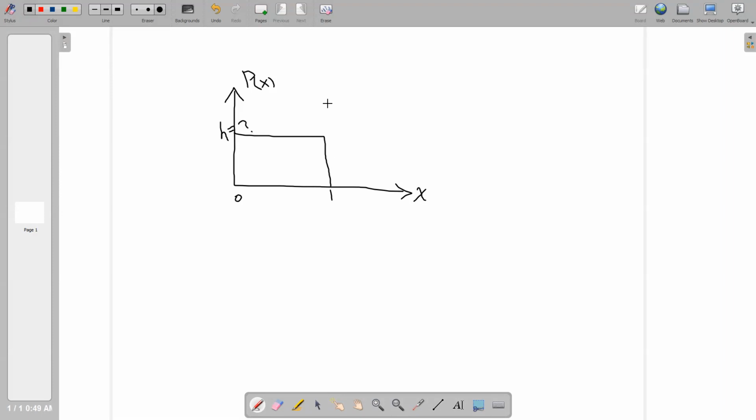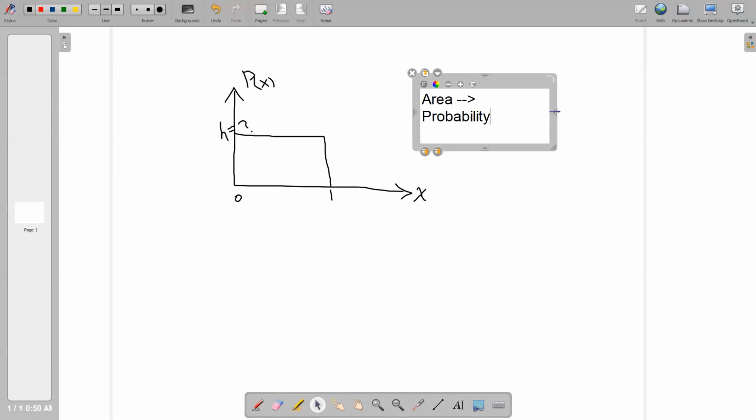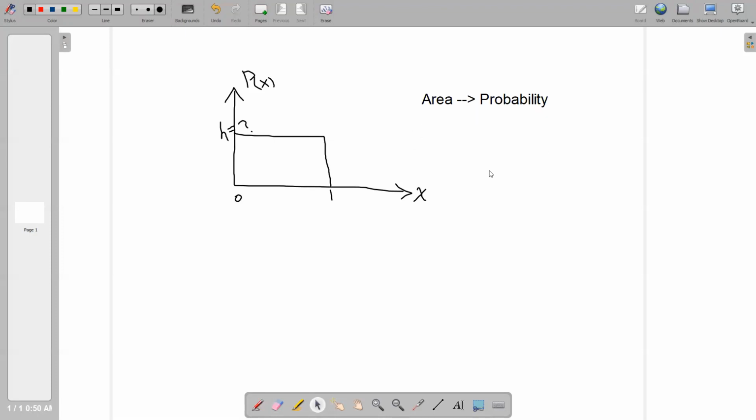So here, there's a very important concept in density curves, and that is we use area to represent probability. So anytime you're trying to figure out the probability of any event, you just need to look for the area enclosed by that event. Okay? So then the biggest event will be the entire sample space.